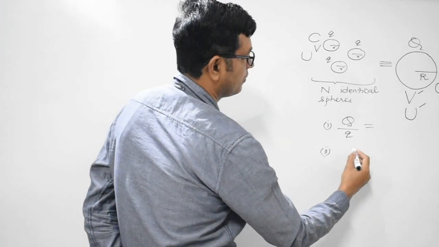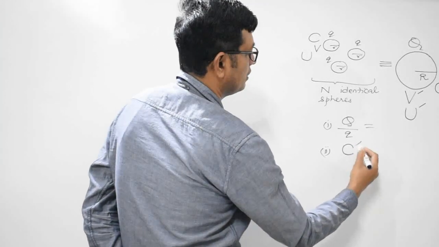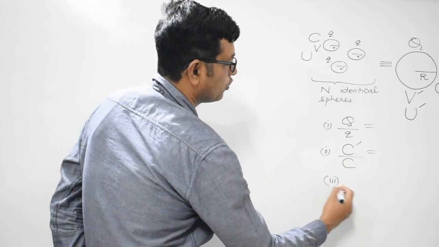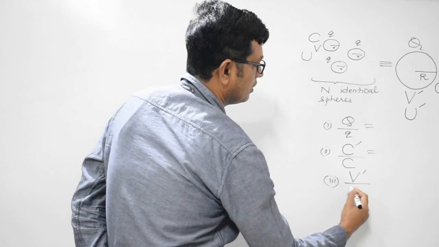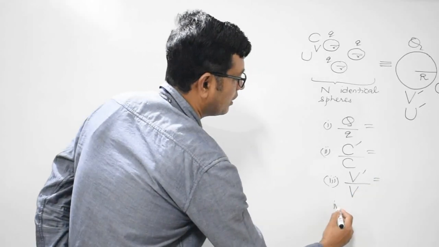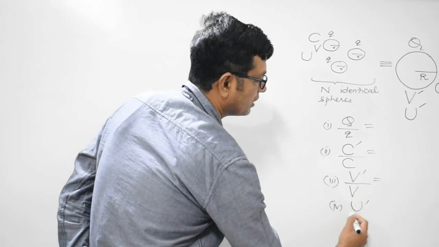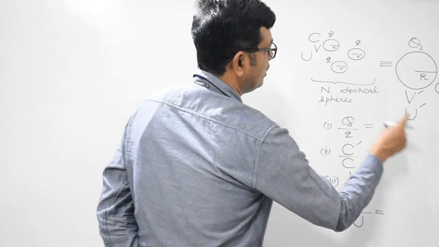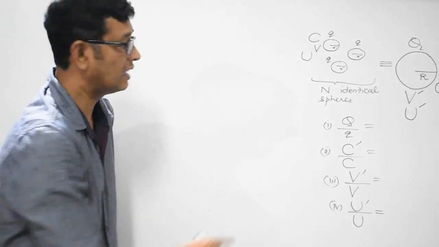Then capacitance, C dash divided by C. Then third, the ratio of the potential. And finally, the ratio of the energy possessed by the big drop to the energy possessed by a single small drop. All in terms of n. We are supposed to get the answer in terms of n.